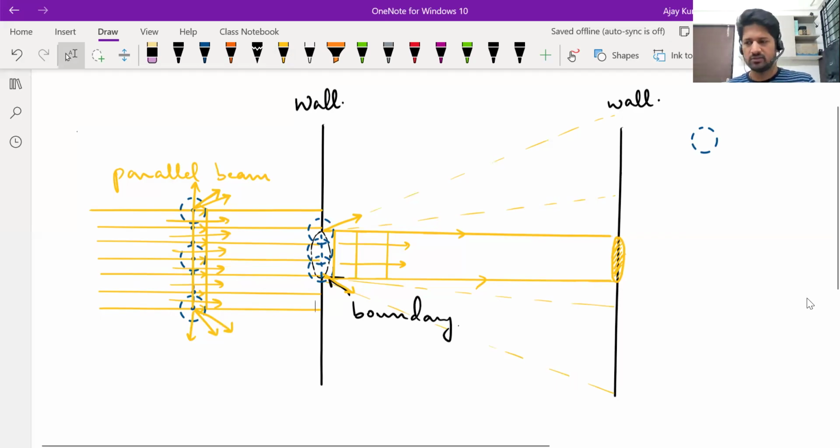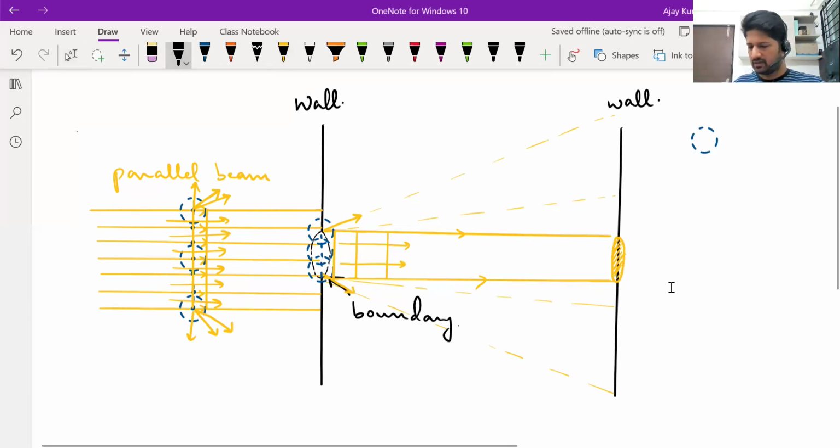But as I said, in those days, or initially, it was believed that light is a collection of particles. They didn't know that light had wave nature. But this behavior of light could only be explained if you consider light as a wave. So then they got this doubt that maybe light has wave nature because it is behaving like waves.